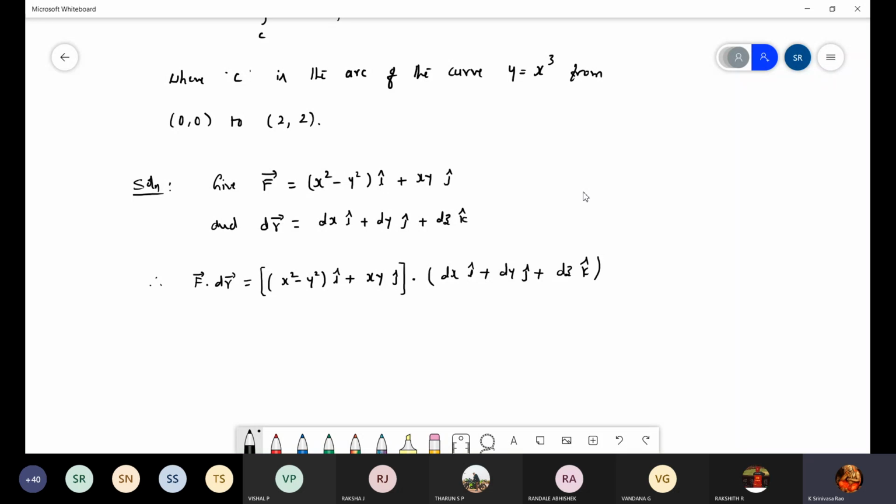So if you multiply the particular components, only i and j will give terms, there is no k cap in the first vector, therefore it gives 0. So the answer is x square minus y square dx plus xy dy. Correct? Yes, sir. So this is f dot dr.